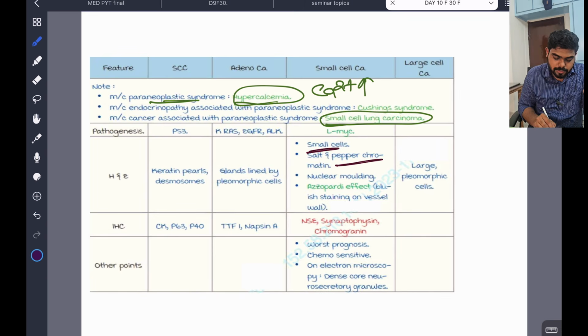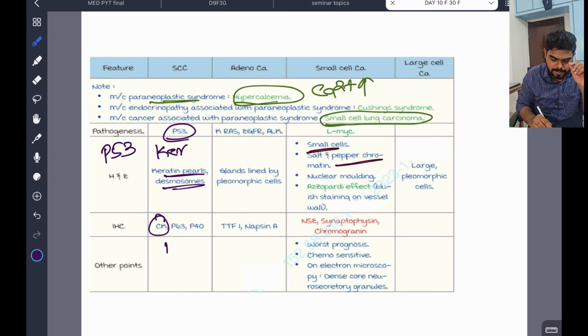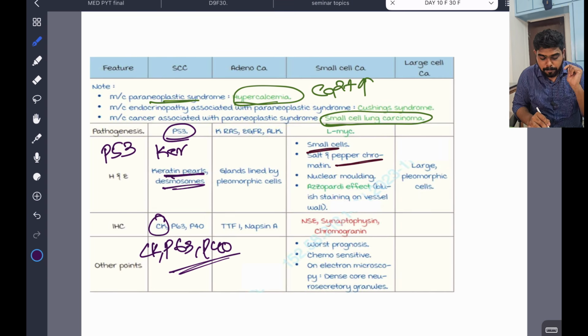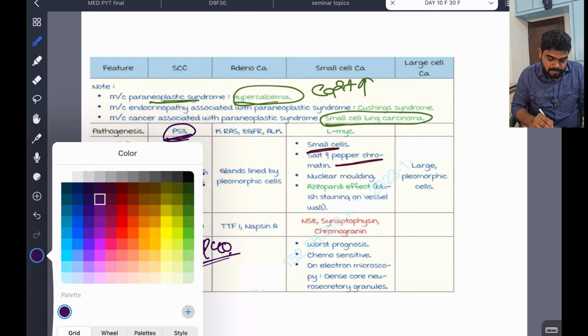Squamous cell, we already know keratin pearls, desmosomes, keratin. The markers are cytokeratin, and the pathogenesis is P53 mutation. P63 and P40 are the IHC markers with cytokeratin. Clear. This is important. Very important area.